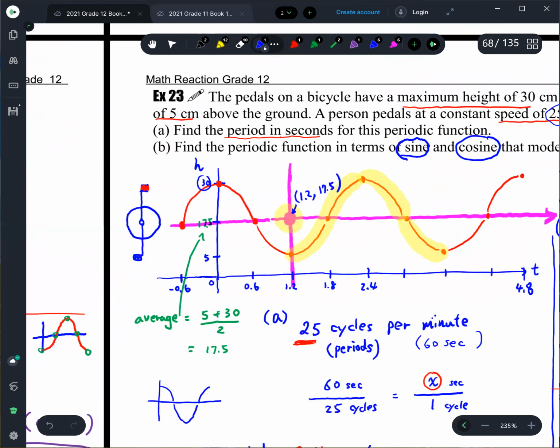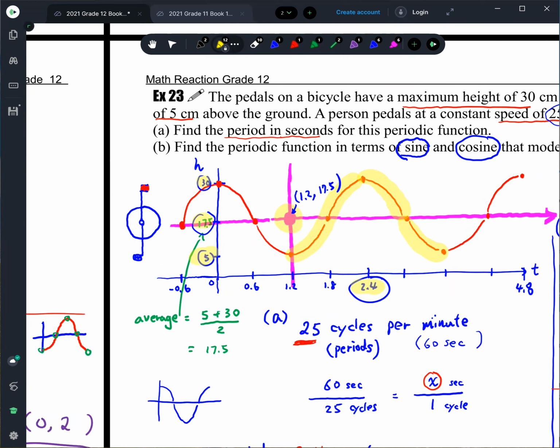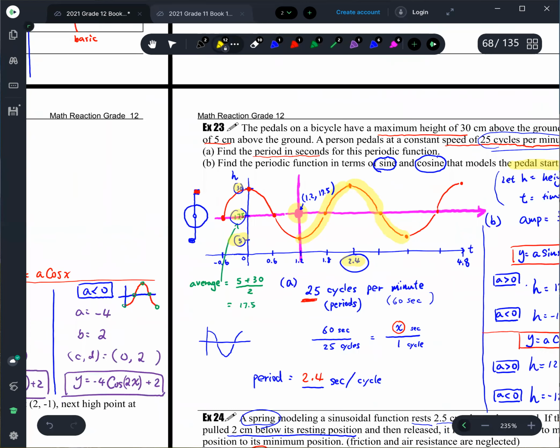Highest, very important. Lowest, get the middle number, right? And then we also need a period, okay? These are the 4 important things to make a complete graph. Once you figure those out, then you can draw the sketch, okay?